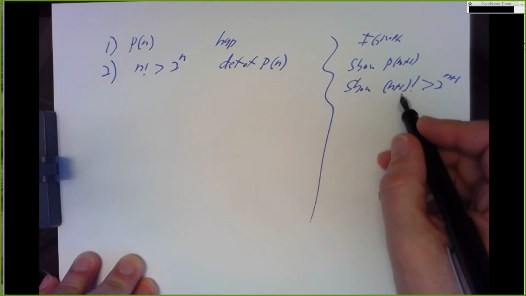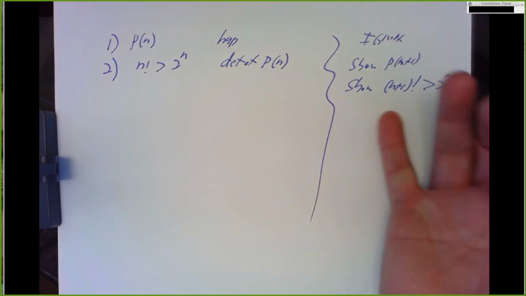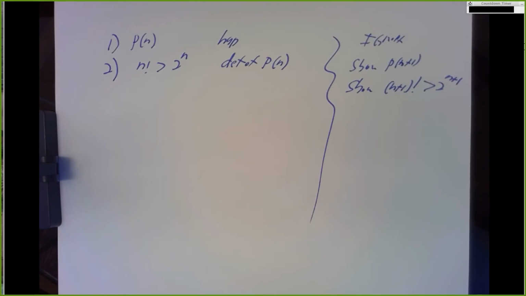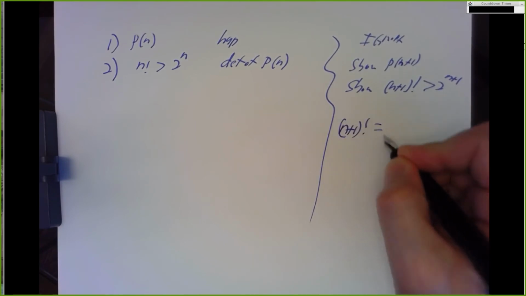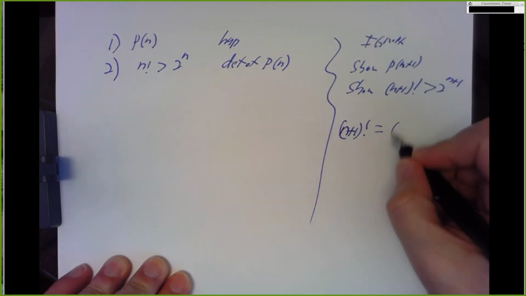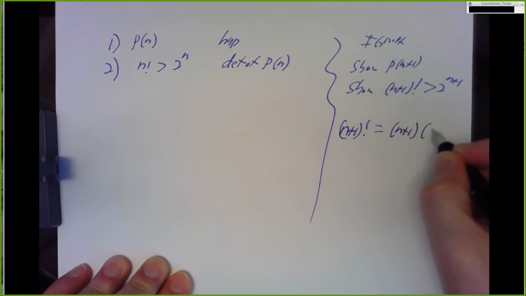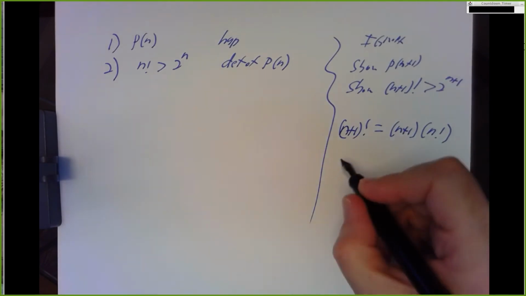So how does n plus 1 factorial relate to n factorial? What could we possibly use to connect something here with something there? Yeah, n plus 1 factorial is equal to n plus 1 times n factorial. And how about 2 to the n plus 1 compared to 2 to the n?